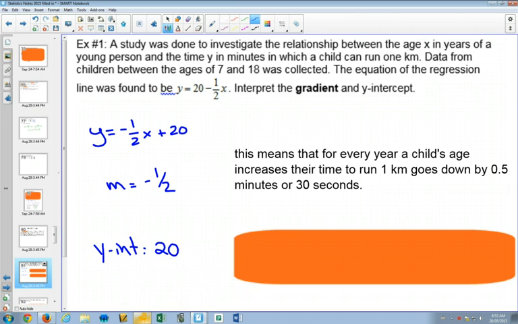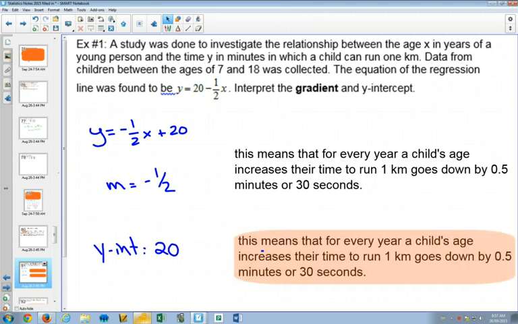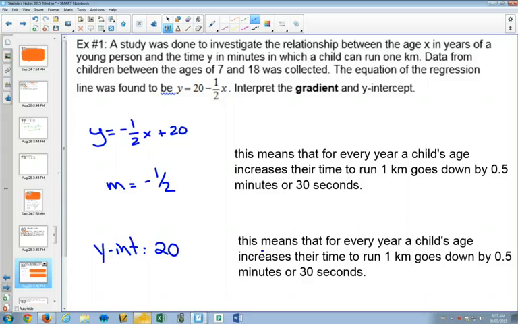Just 1 second. All right, so for our example, oops, that's not the one I wanted there. It's the same one.